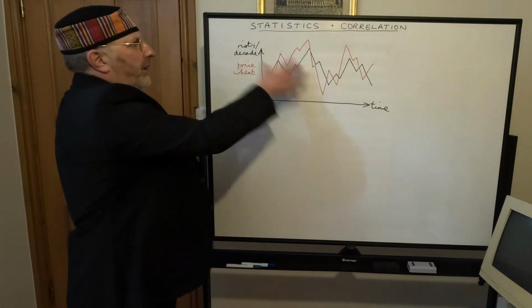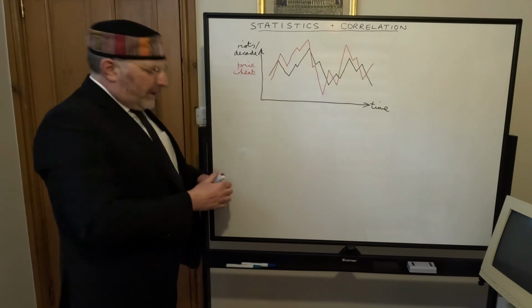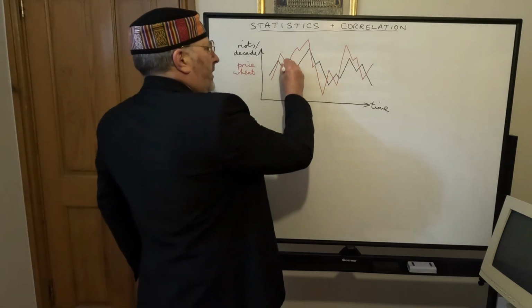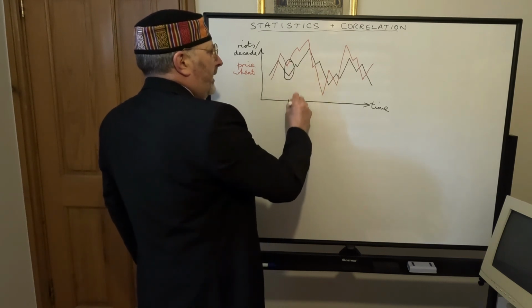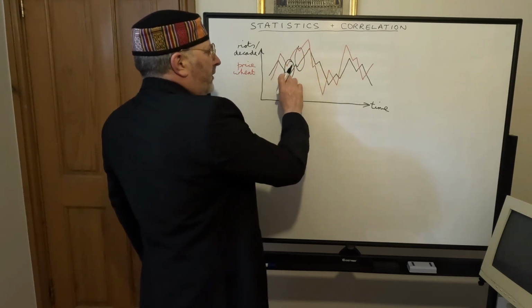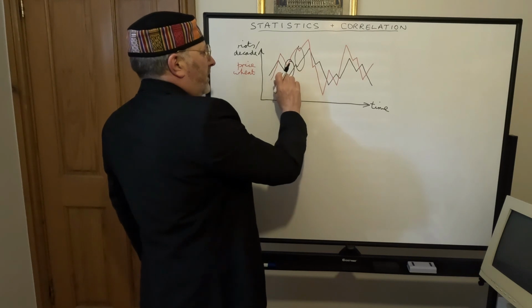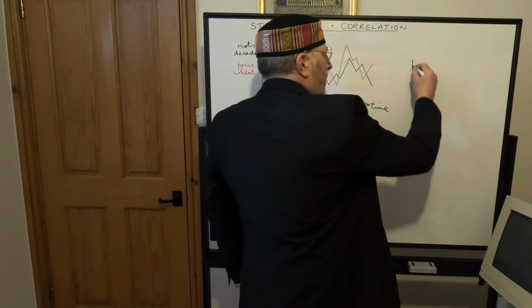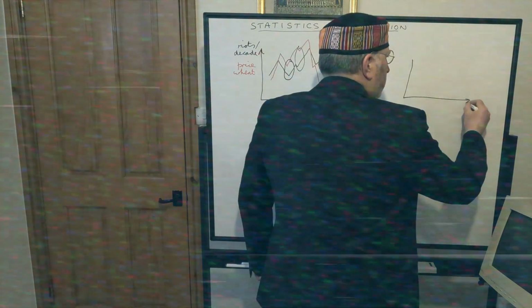So we're hypothesizing that there is some correlation between these two, and what we would then want to do is, for each pair of points by each decade, plot the price of wheat and the riots per decade against each other. So we'd have a scatter plot.